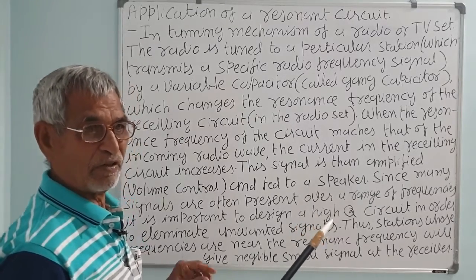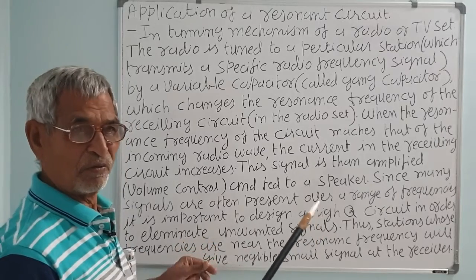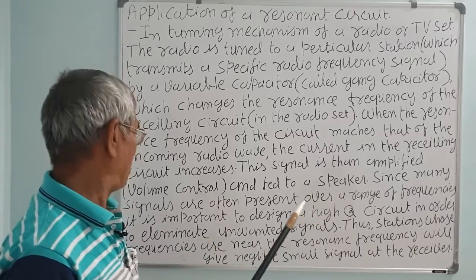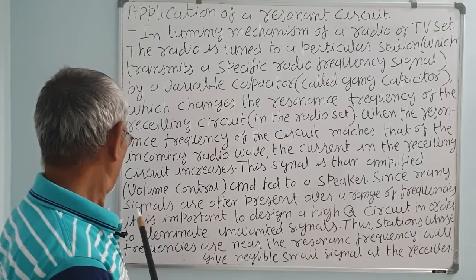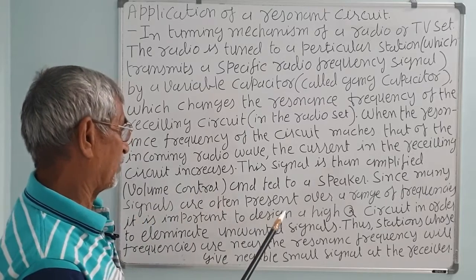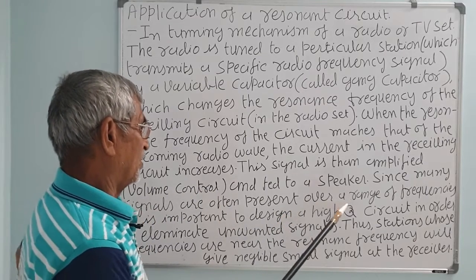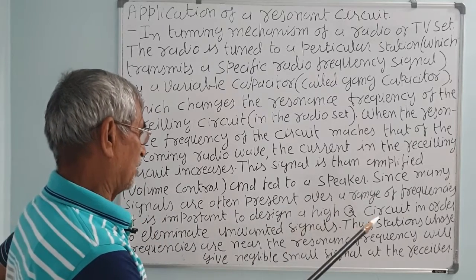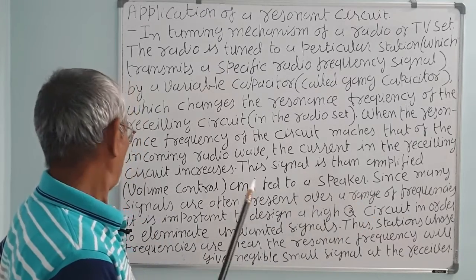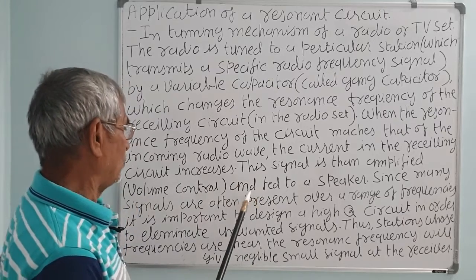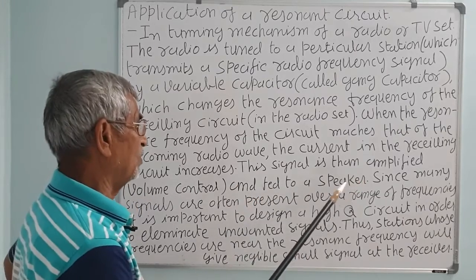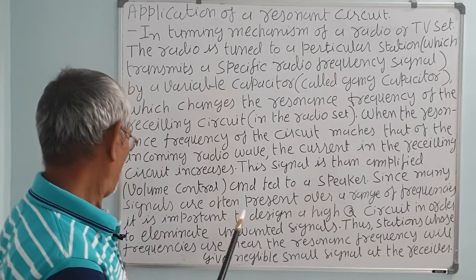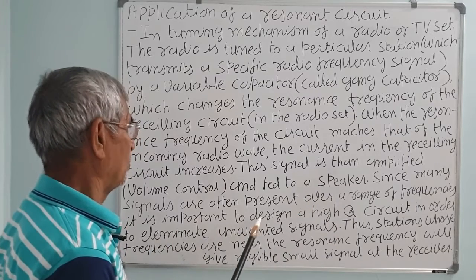So it is connected with one knob, so that if we rotate the knob, the capacitor will change. That is called the gang capacitor or variable capacitor. Then the volume control is there to amplify the signal. If it is a low voice, then we have to make it louder by changing the volume by means of a volume control, correct?